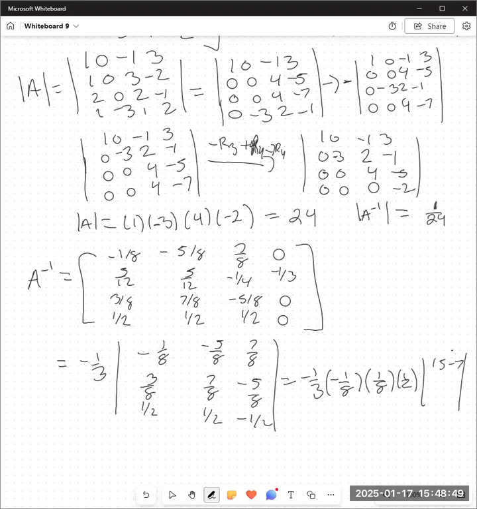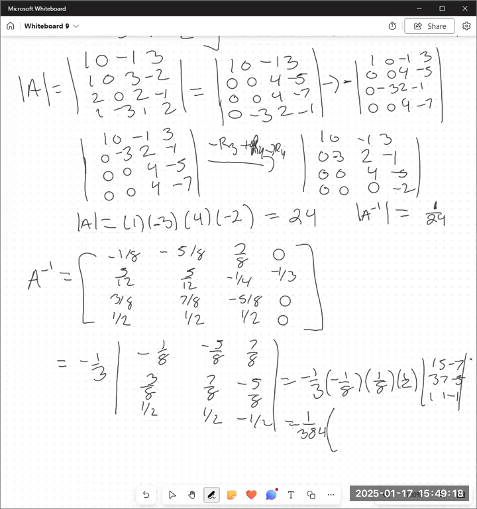1, 5, -7, 3, 7, -5, and 1, 1, -1. So that would be 1 over 384 times this determinant, which is, I'm going to expand on this bottom row here.